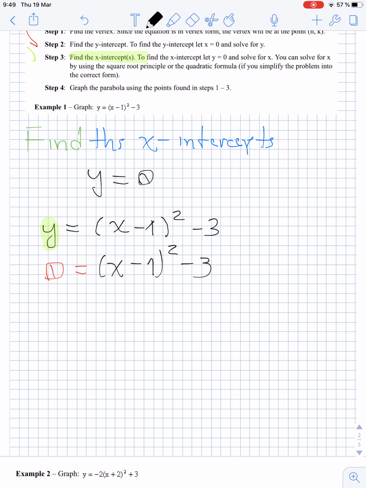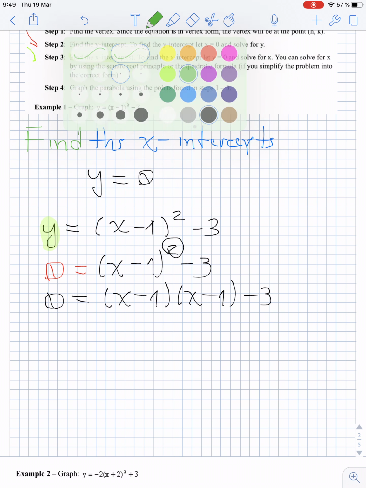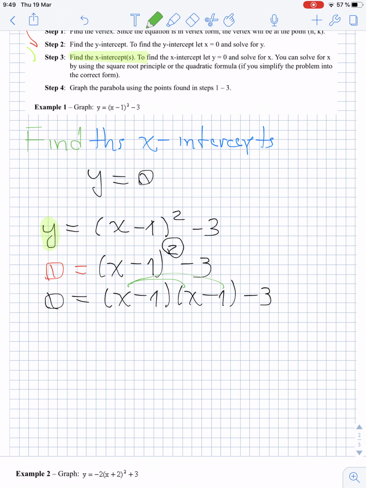How to solve it? Remember that when you have this number 2, that means you have two equal brackets. Now we need to expand the expression. Remember, this times this times this. And then we will have x squared minus 1x, minus 1x, plus 1, minus 3.